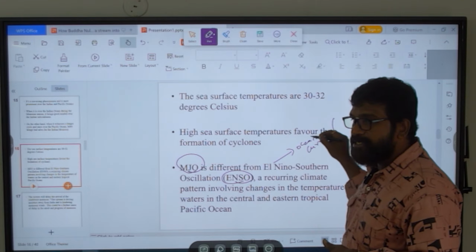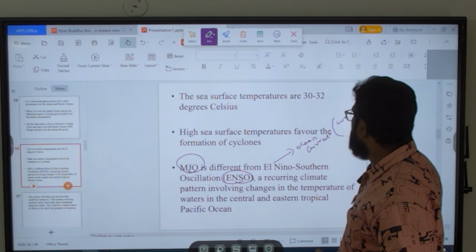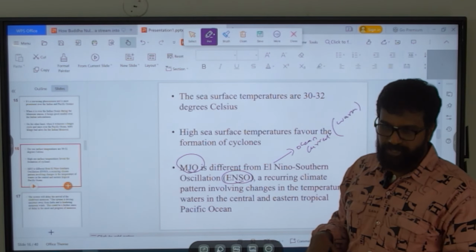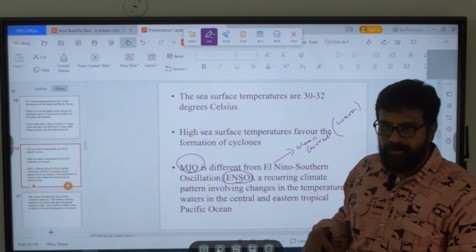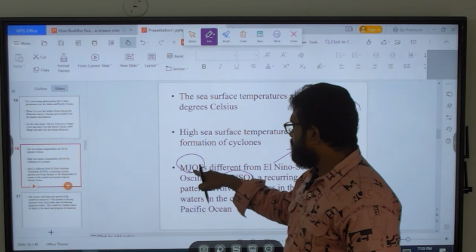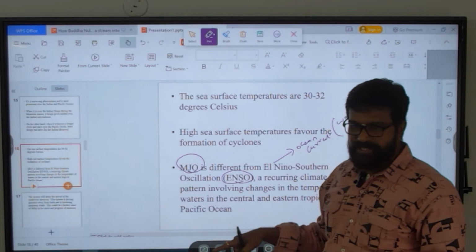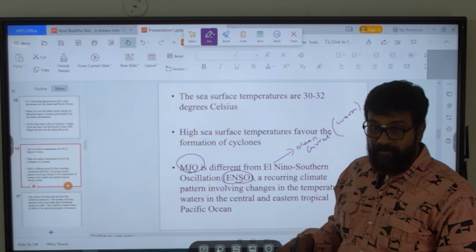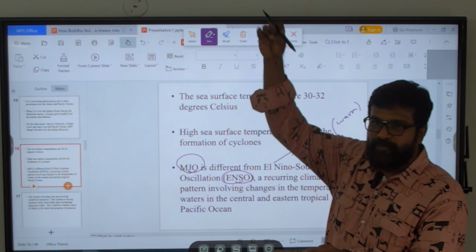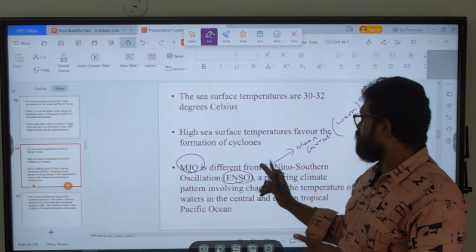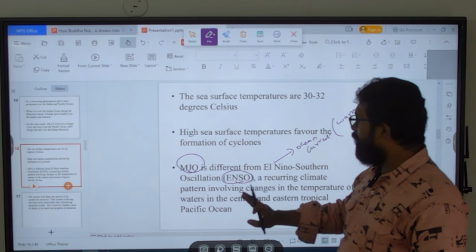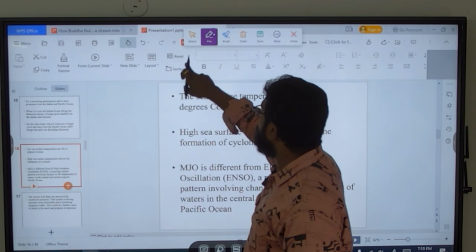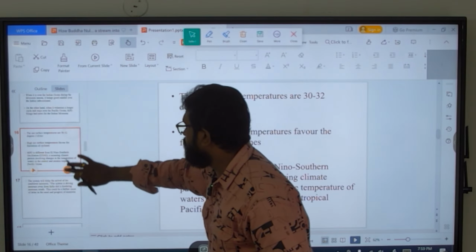This is a warm ocean current in the Pacific Ocean near the Peruvian coast. But the Madden-Julian oscillation is a phenomenon of the sea and atmospheric weather. This is the difference between El Nino and the Madden-Julian oscillation. You see this?